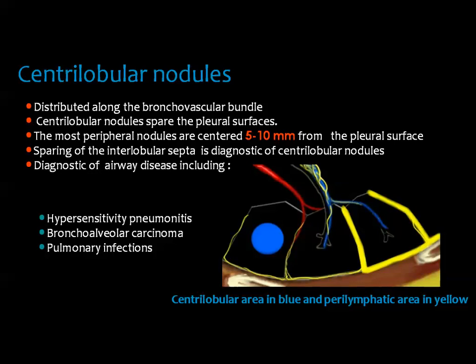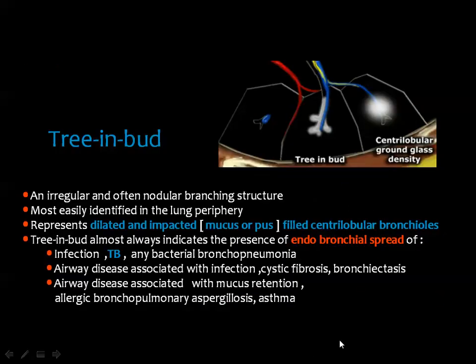In cases of bronchoalveolar carcinoma, centrilobular nodules may be seen together with patchy opacities containing air bronchogram representing the coalescence of these nodules into patches, and this may also indicate the presence of pulmonary infection.